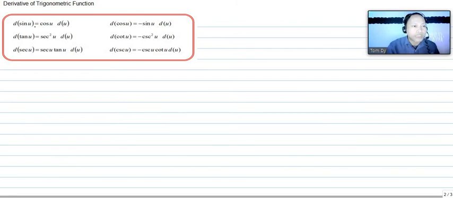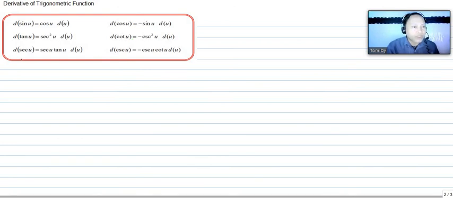Now, actually, sine u and cosine u are partners. If we have the derivative of sine u equals cosine u du, then the derivative of cosine u equals the negative sine u du. Also, for tangent u and cotangent u, if the derivative of tangent u equals secant squared u du, then the derivative of cotangent u equals negative cosecant squared u du.